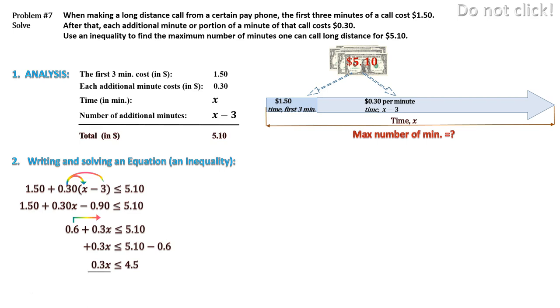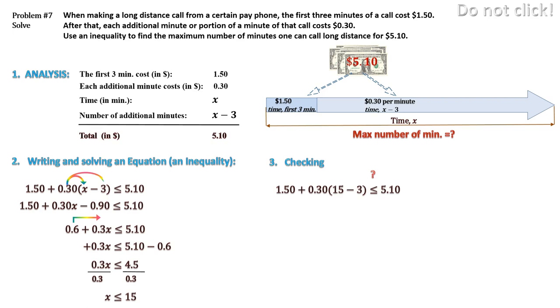We have to find 1x or just x, so we have to divide both sides by 0.3. And because we are dividing by a positive number, we don't need to flip the sign. So x is less or equal to 15. Next step would be checking. In our original inequality, we have to replace x by 15 and check: is the left side less or equal to the right side or not?